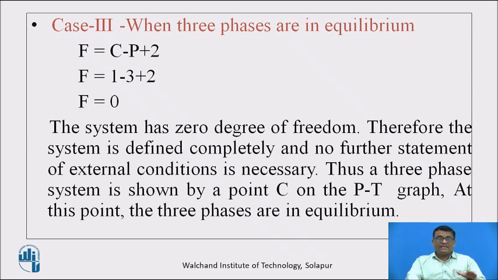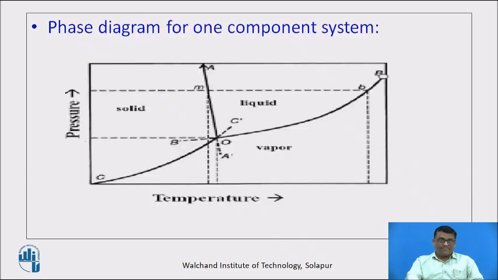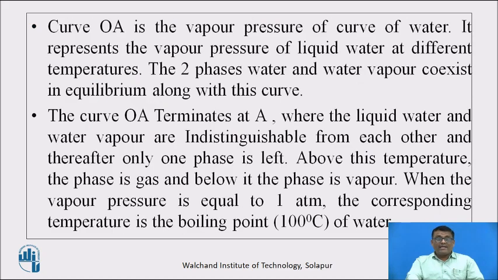Thus, a three-phase system is shown by point O on the graph. This is the phase diagram for a one component system, particularly the example of the water system, where we can see the area denoted as the solid area, the liquid area, and the vapor area. Curve OA is the vapor pressure curve of water.